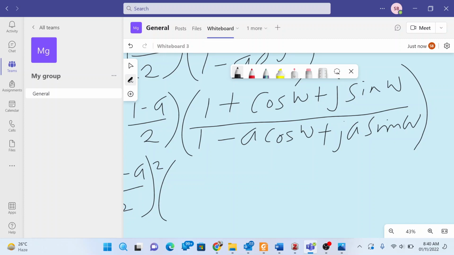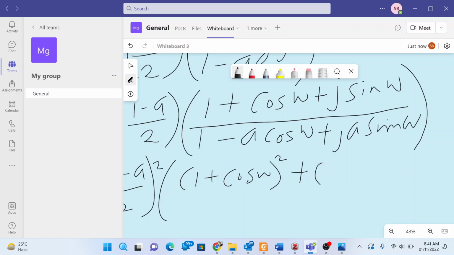So we bring the real parts together and square them. To find the square of a complex number, you find the complex conjugates and multiply them together.